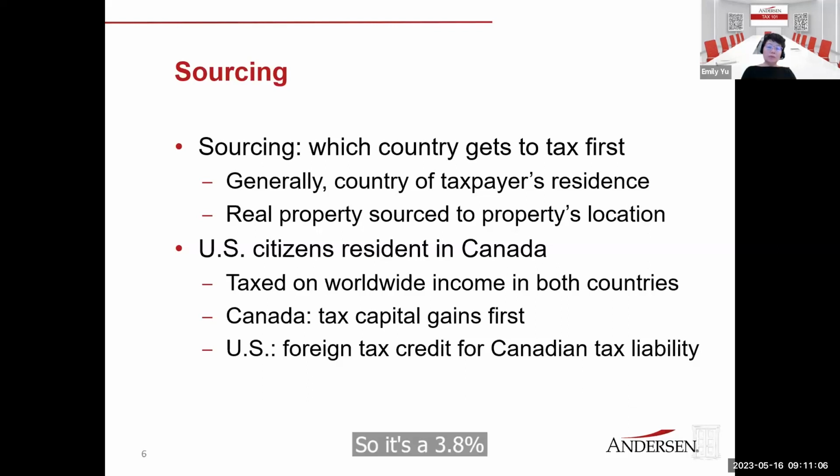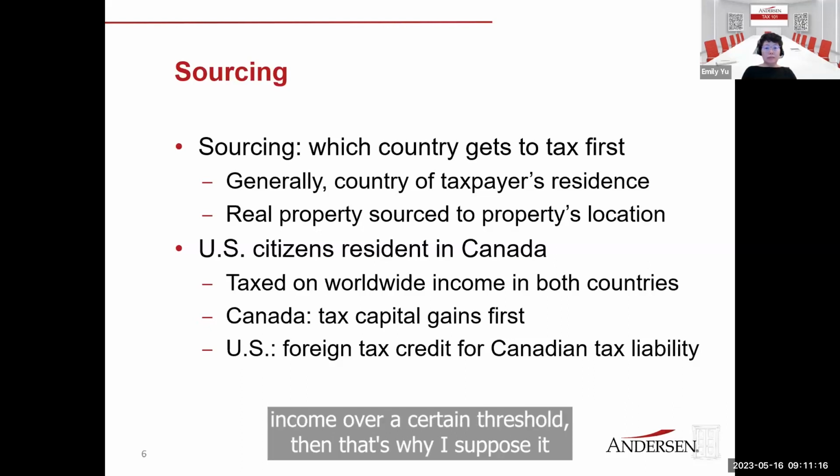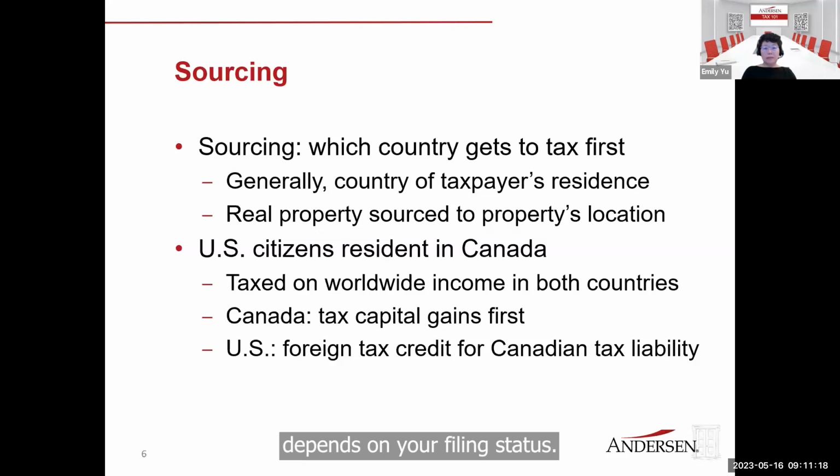It's a 3.8% tax on investment income, as the name suggests, and it's imposed on investment income over a certain threshold. That threshold depends on your filing status. That one is, in a way, a double taxation.